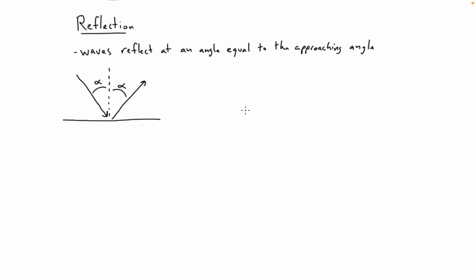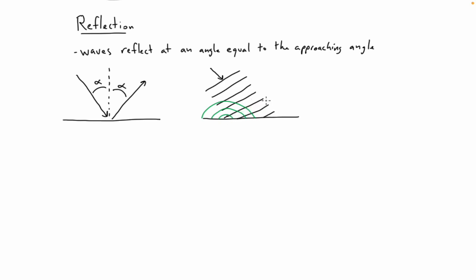And we could illustrate this the same way that we did with refraction. So if this was our train of waves, okay, this is coming in at this angle. When this hits, waves start to go off in all directions.